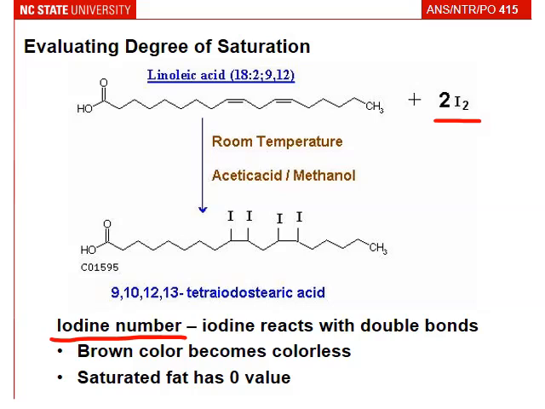We're going to break those double bonds and add our iodine. Then we are able to put that on a spectrophotometer and read the absorbance of the color. Iodine, if you remember, has a very dark brown color, and for all intents and purposes, our fats are colorless.